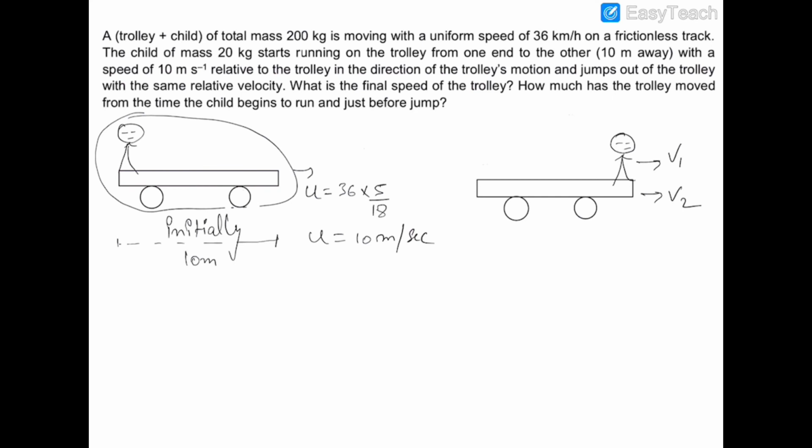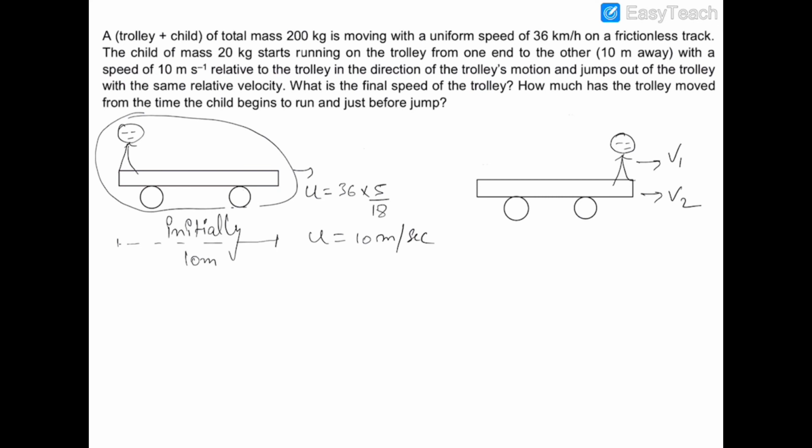Now the mass of this child is 20 kg, and he starts to run on this trolley from its left hand towards right hand, and the distance between left hand and right hand is 10 meters, which is also the length of the trolley. Now the speed of the child with respect to the trolley is 10 meters per second, and he jumps out of the trolley with this same relative velocity.